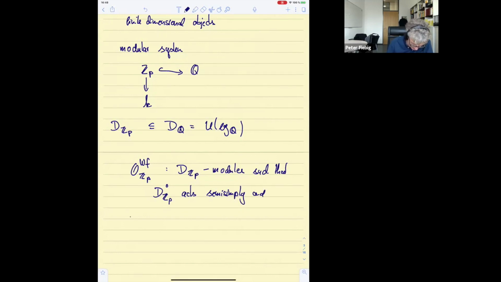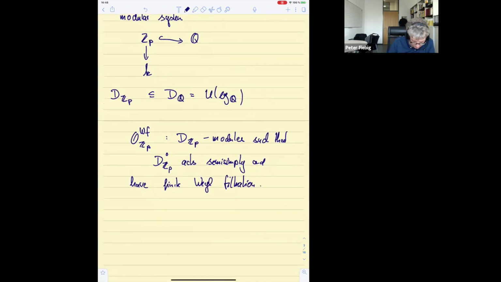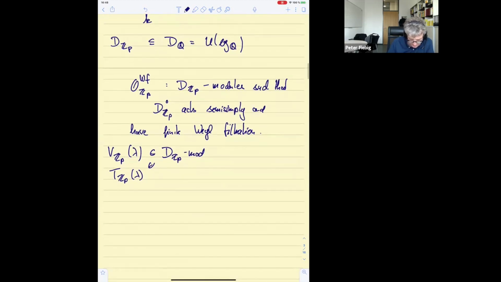So they should have a finite Weyl filtration, the filtration by Weyl modules. So yes, there is a Weyl module over D_{C_p} mod, and also a tilting module, and you obtain the modules that we are interested in by base change.